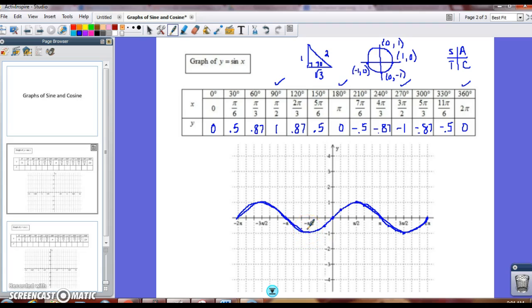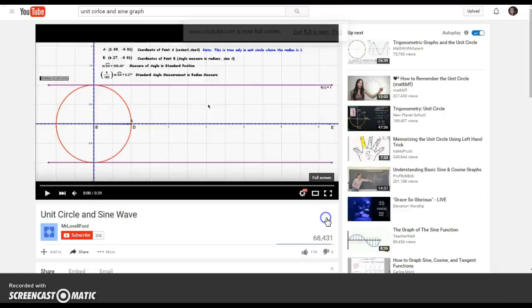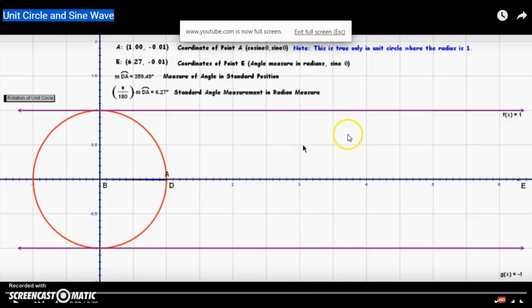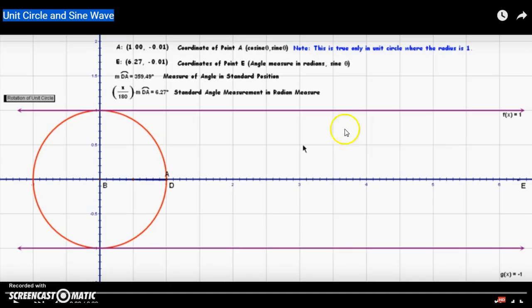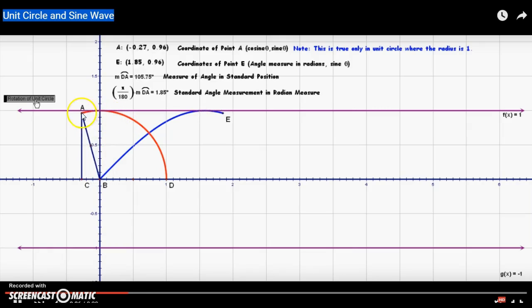And I just want to show you this one video because I think it's actually really cool. And I'm just going to pull it up here. It kind of gives you an idea of how the unit circle relates to your graph. Okay, so let me show you what's happening here. You'll see we have this unit circle here, and as you go around the unit circle, so this point A is going around the unit circle, and then E is graphing that value.